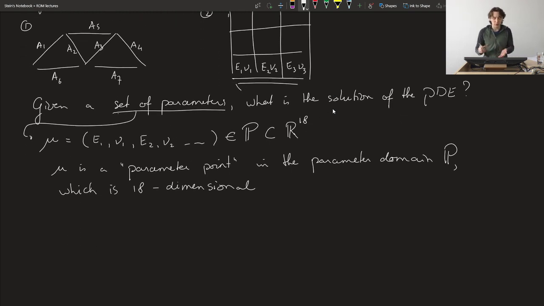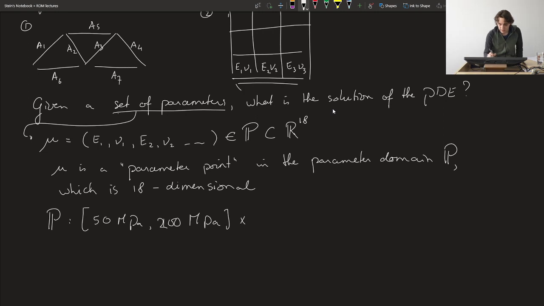So what might our parameter domain, our parameter space, look like? Well, for the example that we have, Young's moduli and Poisson ratios, this might, for instance, be, let's see, we might allow our stiffness to vary, for instance, from 50 megapascals to 100 megapascals or 200 megapascals. And we might vary our Poisson ratio from, what did I write down?